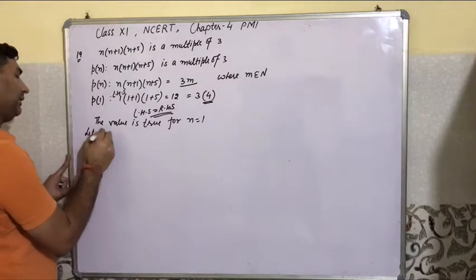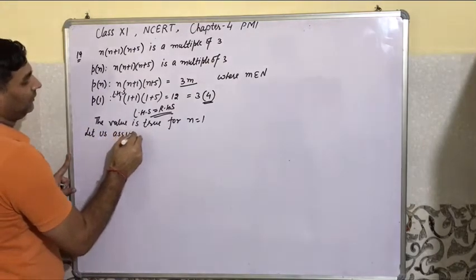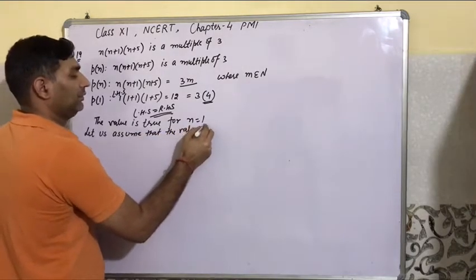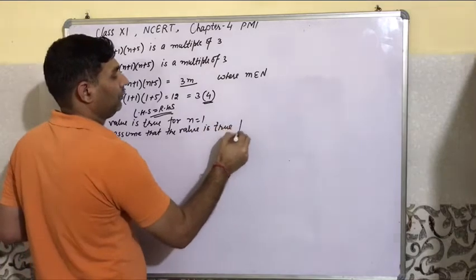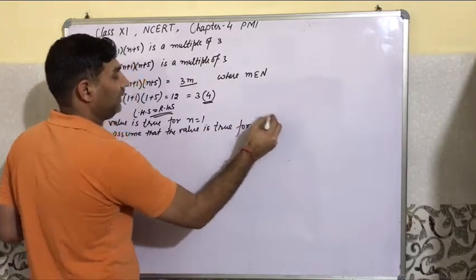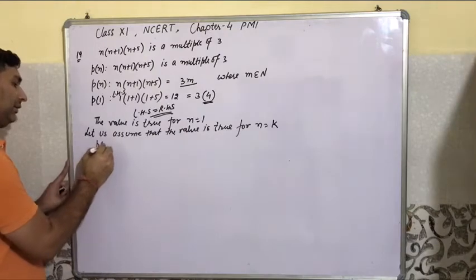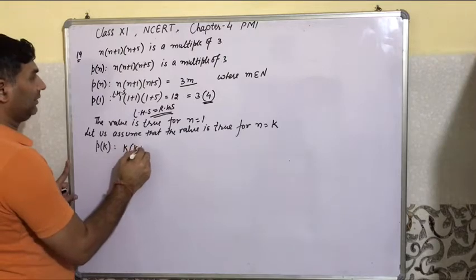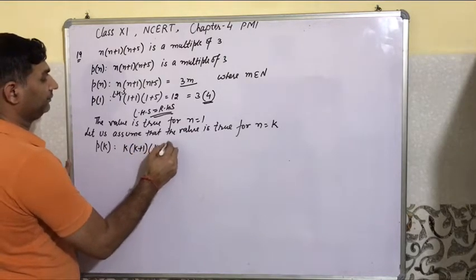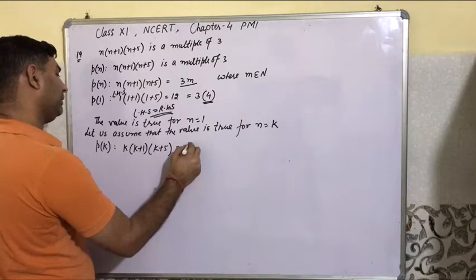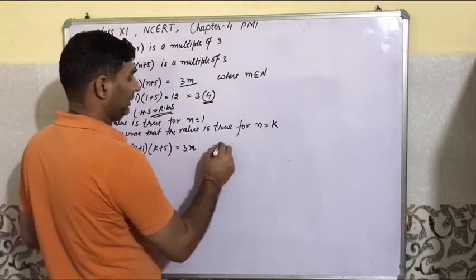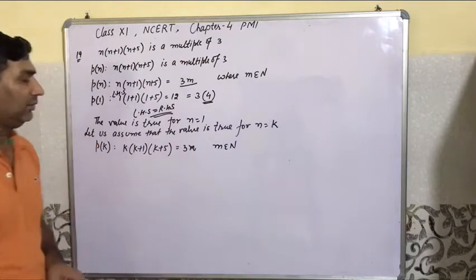Let us assume that the value is true for n is equal to k. Then p of k: k into (k plus 1) (k plus 5) is equal to 3m, m belongs to N. It can be any multiple, or any natural number.